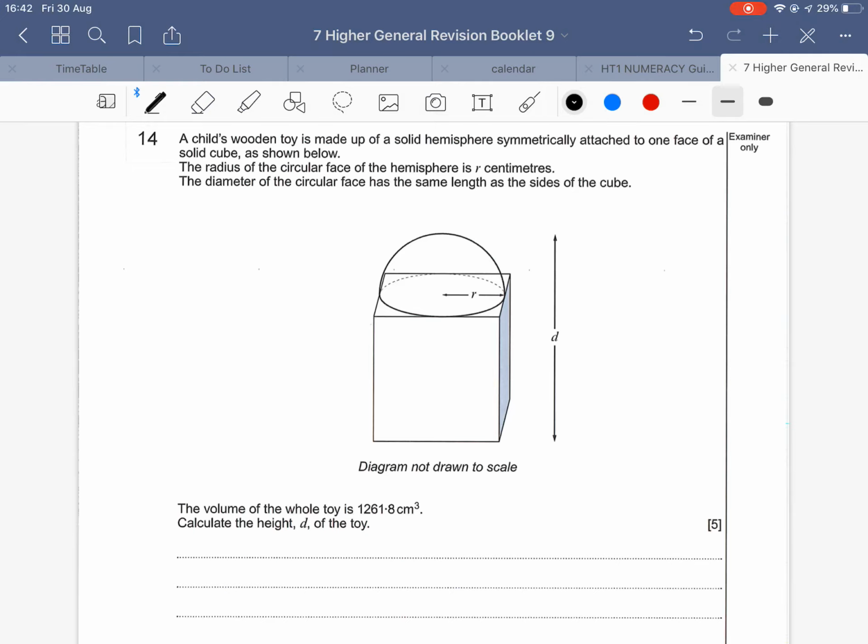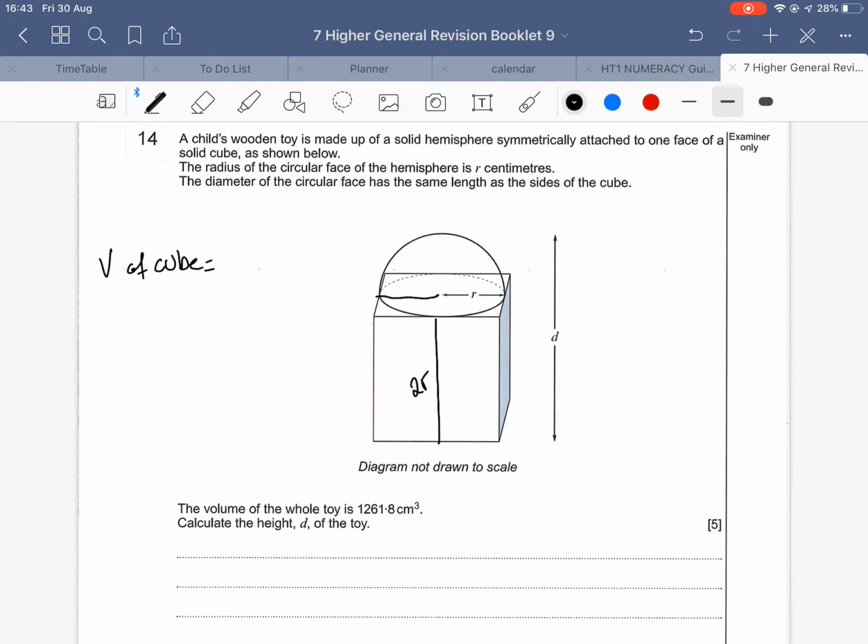Okay, so you're going to need two things basically. We need to know the volume of the cube. So obviously the diameter of the circular face has the same length as the side of the cube. So this is obviously going to be 2r, isn't it?